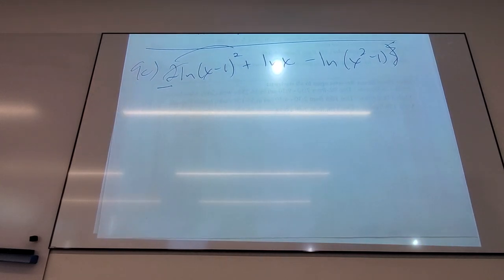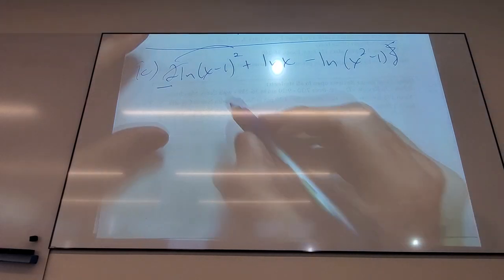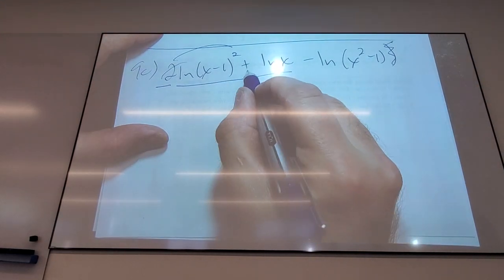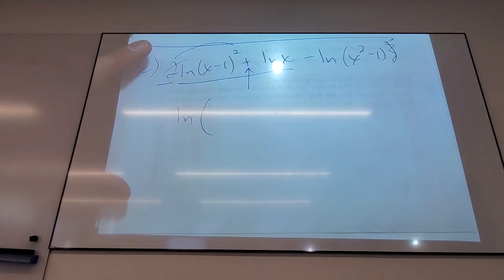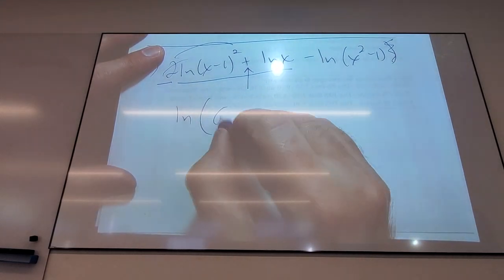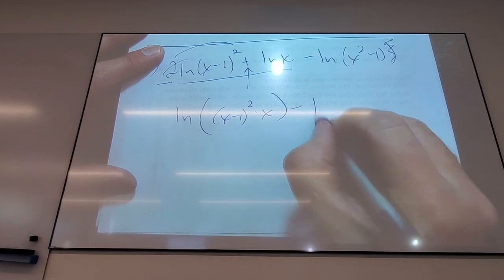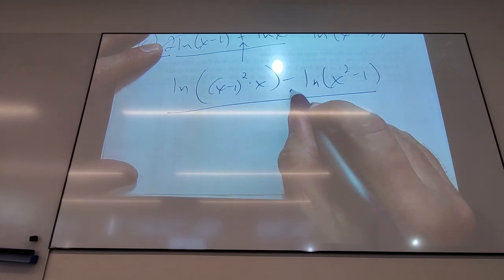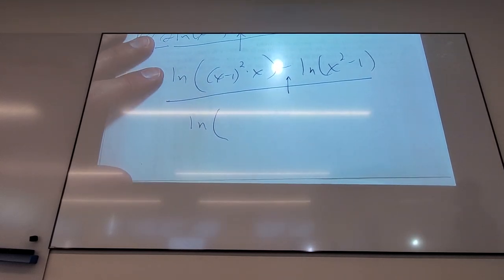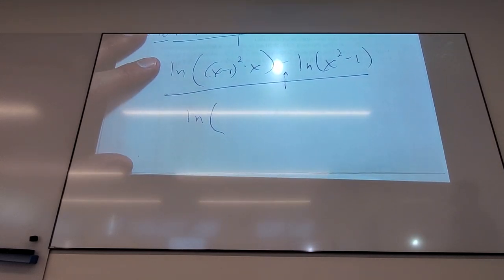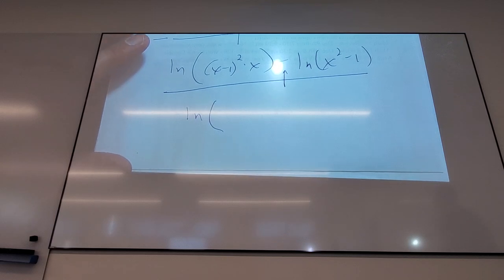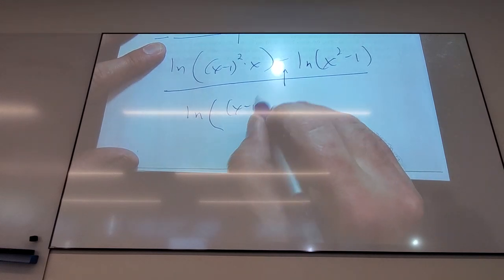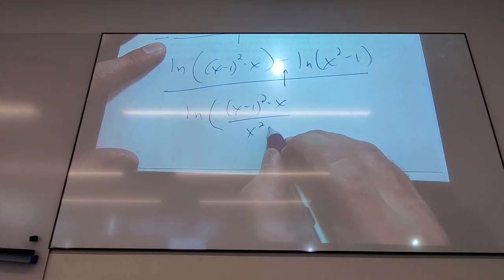Okay, now I'm left with sums and differences of logs. How do I rewrite this? X minus 1 squared times x. Okay, how do I rewrite this? X minus 1 squared times x divided by x squared.